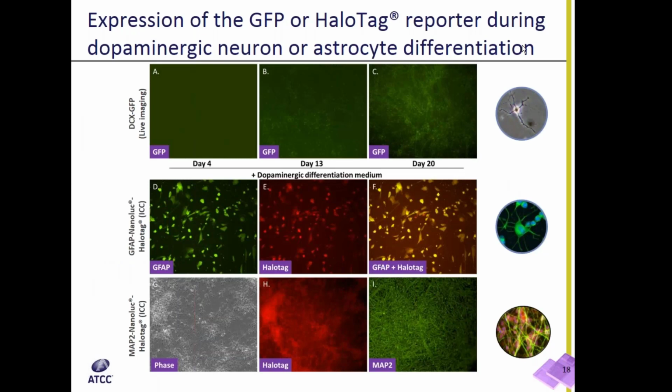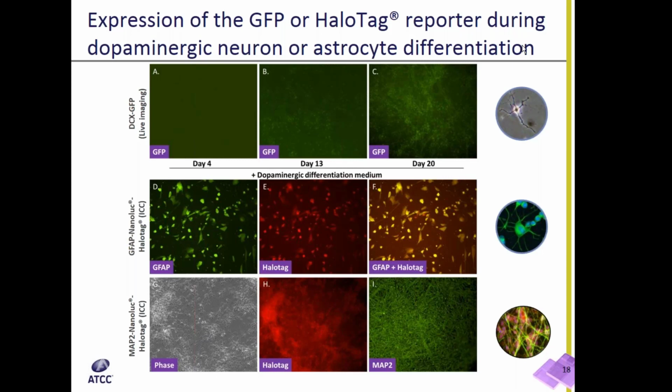In addition to monitoring GFAP or MAP2 expression by measuring luciferase activities, we can qualitatively track GFAP or MAP2 expression using immunocytochemistry with HaloTag antibodies or by live imaging with fluorescence labeled HaloTags. In addition, as you can see here, HaloTag expression was co-localized well with GFAP or MAP2.